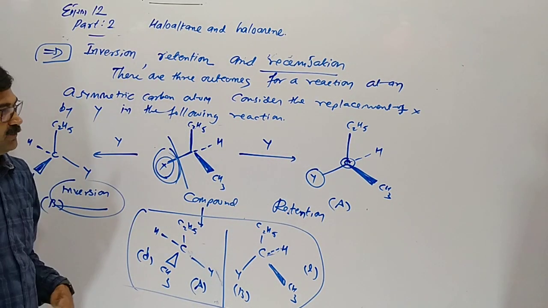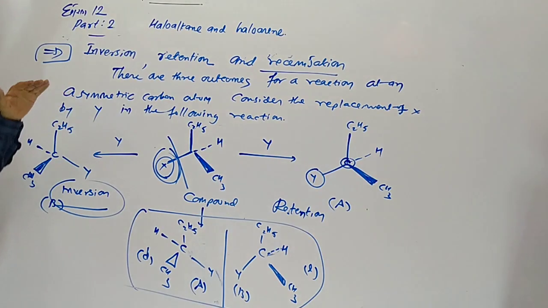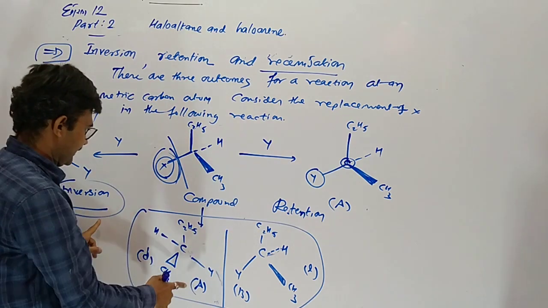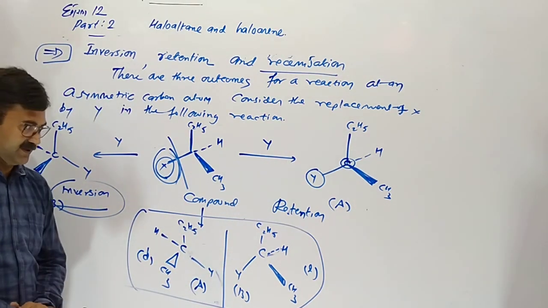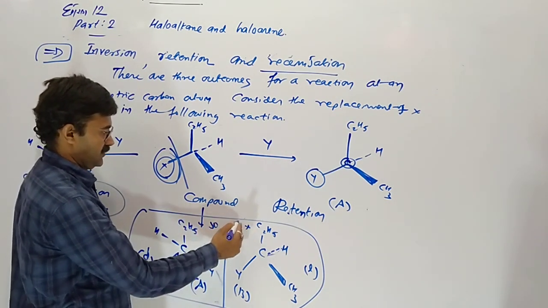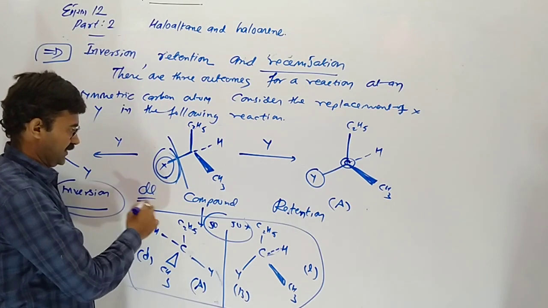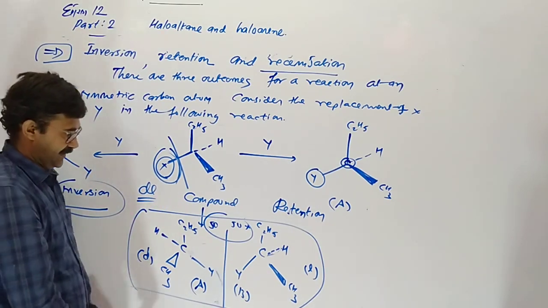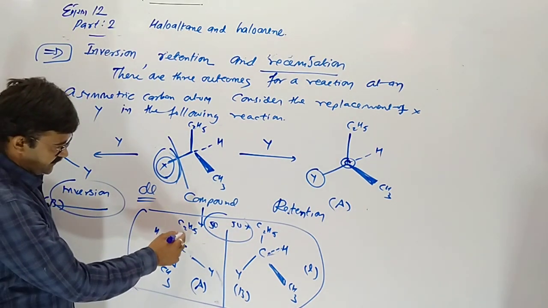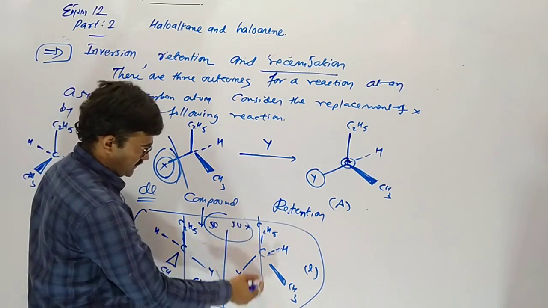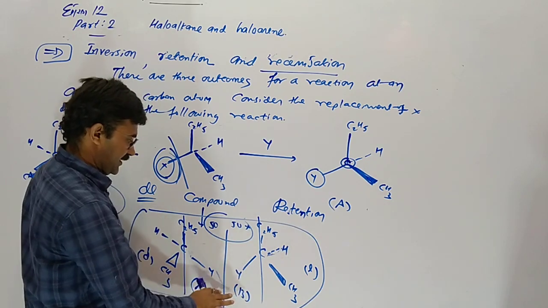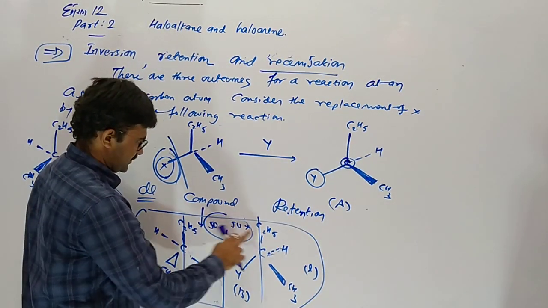So we get three types of products: retention, inversion, and racemic mixture. These two, A and B, both occur simultaneously in a 50% equal ratio, and a mixture of both is indicated as DL, which is optically not active. 50% dextro, 50% levo. Left-hand side and right-hand side are swapped, while in front stays in front and behind stays behind.